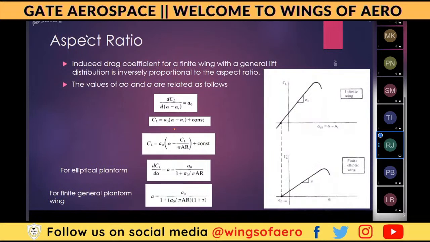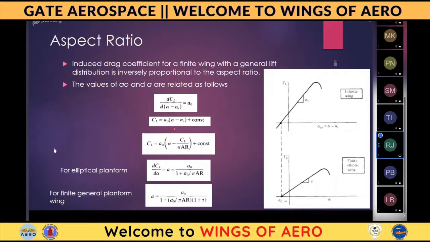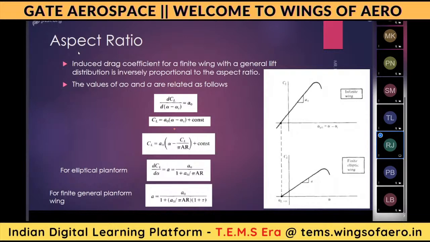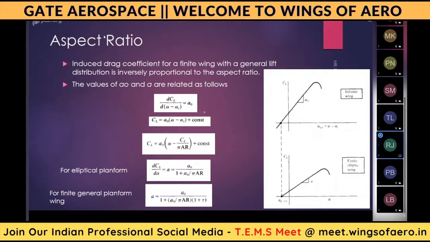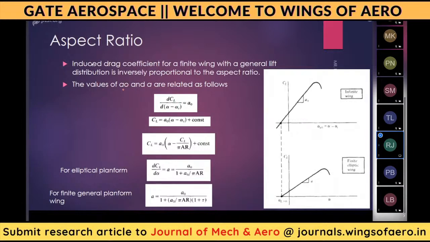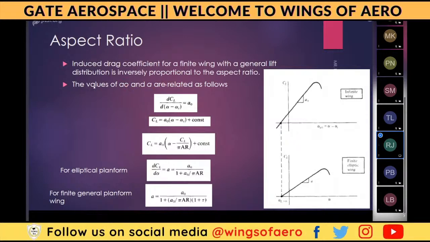So next is the aspect ratio. We all know the aspect ratio is equal to b square by S, the square of the span divided by the area of the wing. This is the relation relating a naught and a.